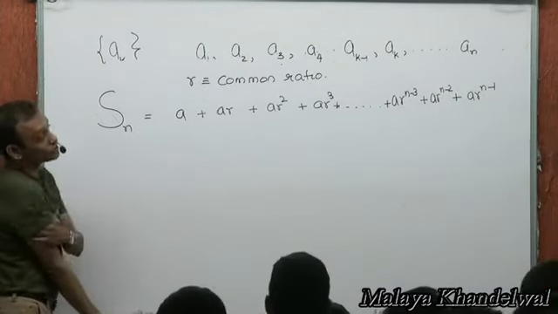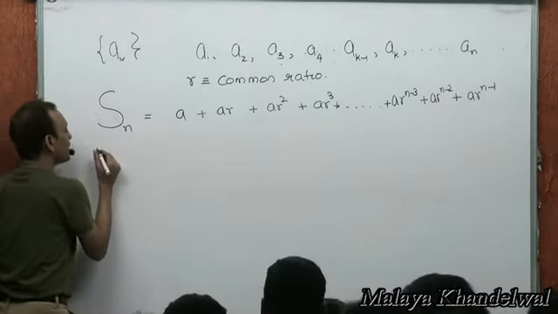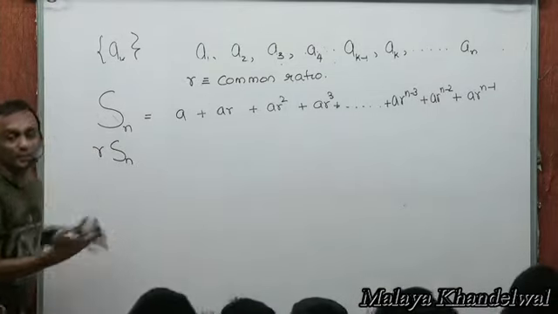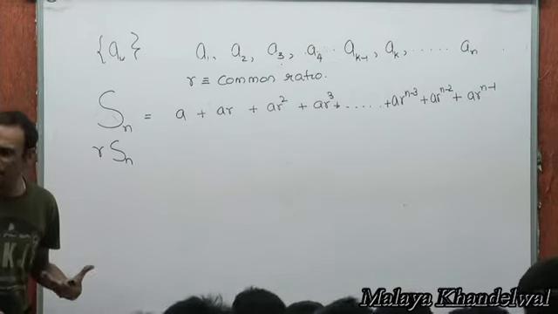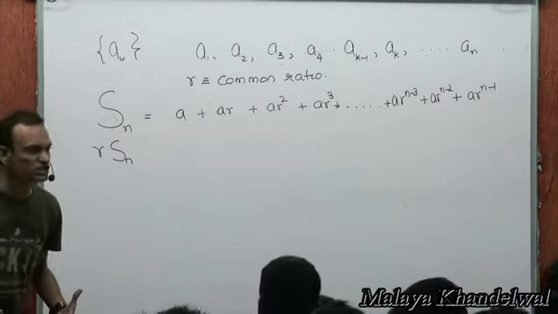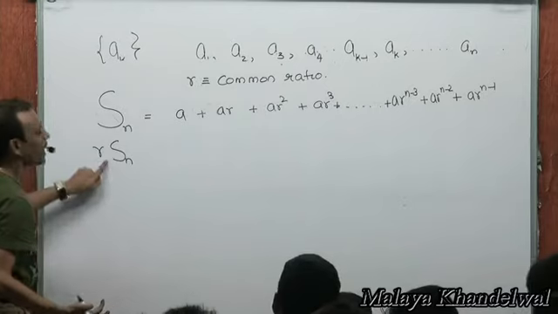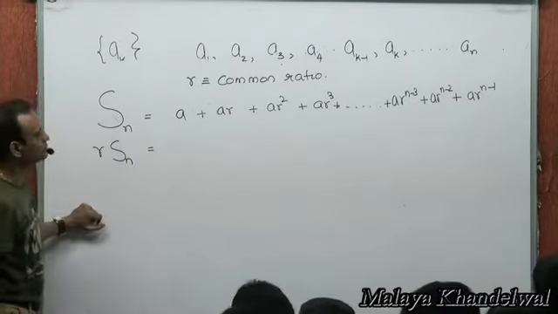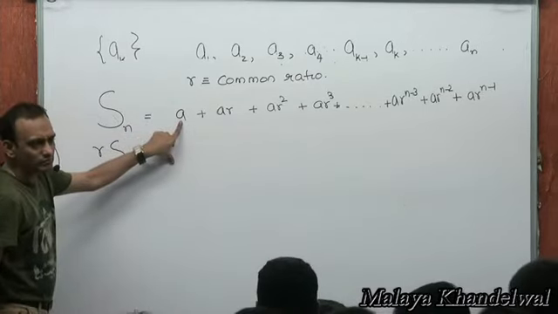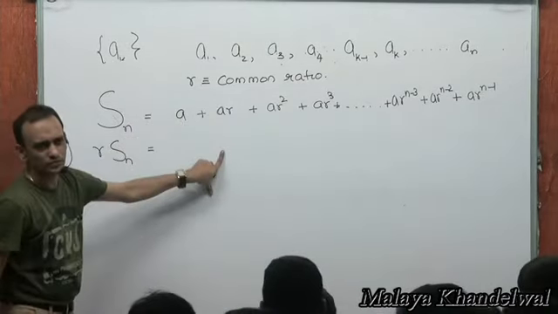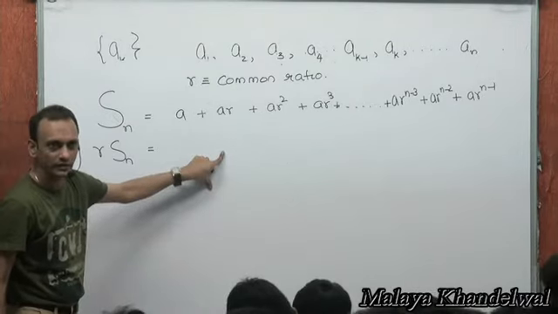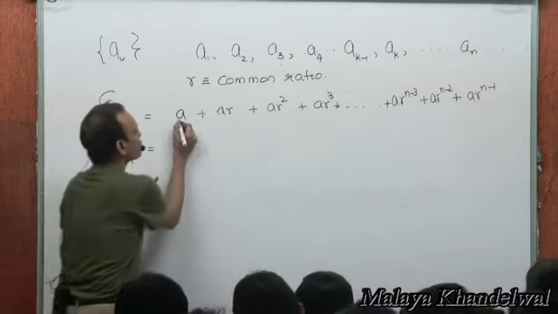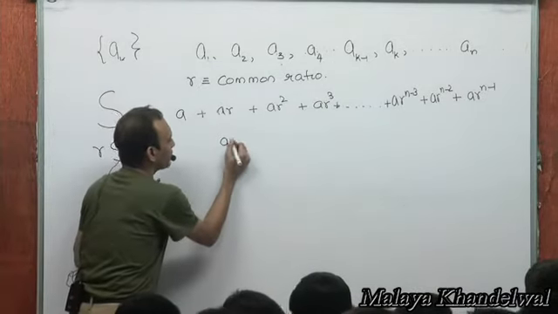Now, what I do is, I multiply throughout by R. My objective is to obtain Sn in a compact manner. Sum of n terms of a GP series in a compact manner is what I am seeking to do here. Right? R times Sn. R times Sn means this will become AR. I write it below this because AR with AR, right? Apples for apples. So this will become AR if I multiply with this, and instead of writing AR below this, I write AR below this.